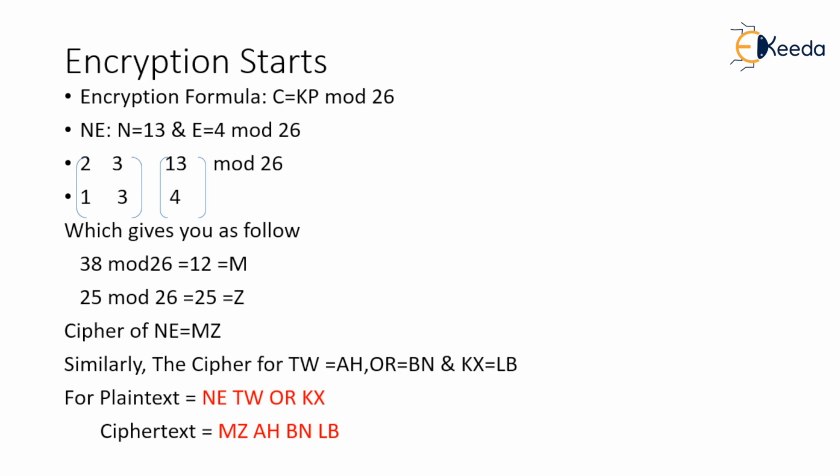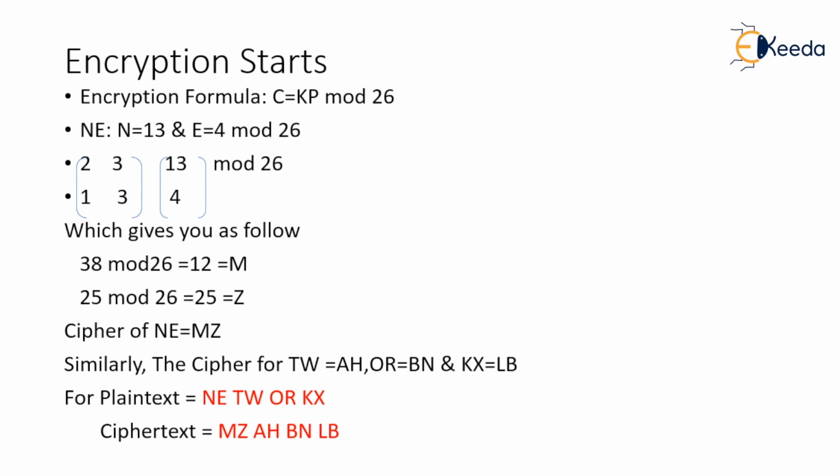If we perform these calculations, we get 38 mod 26, which gives the numerical value 12, and if you compare it in your table, it gives the alphabet M. Again, 25 mod 26 gives 25, which gives the corresponding alphabet Z. So after calculation using the encryption formula, we get the ciphertext for the plain text pair NE as MZ.